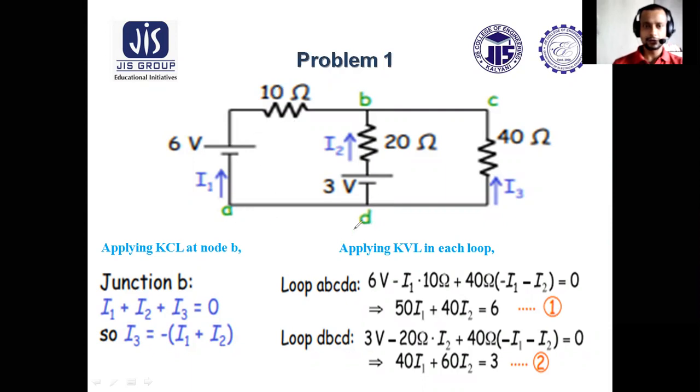Here we could consider node A and node D as the same node because there is nothing connected between these two nodes, and in basics we already discussed that if there is nothing connected between any two nodes, those two nodes will have the same potential, and from an electrical point of view we could consider those nodes as the same node. So A and D node can be considered as the same node.